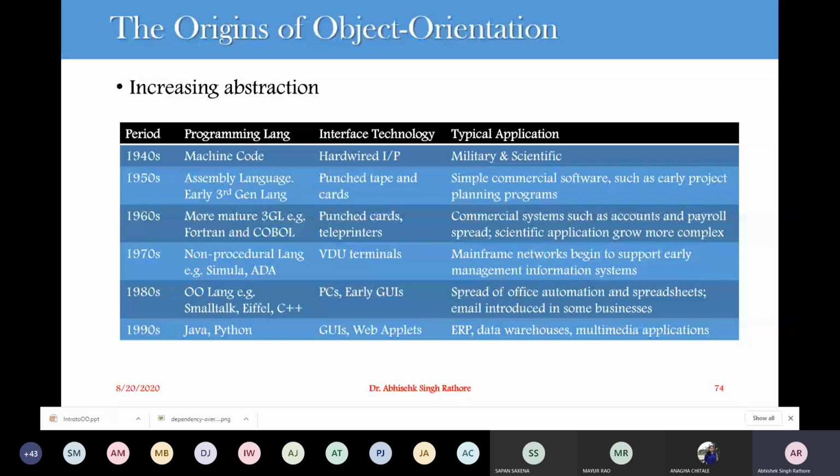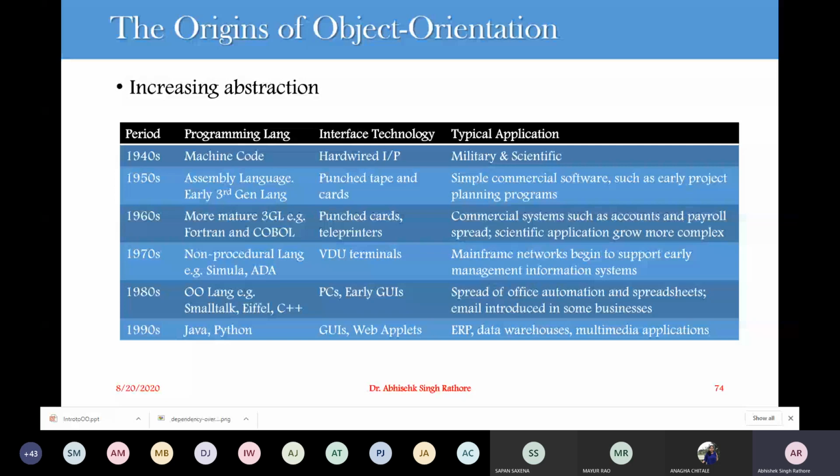In the 1940s, we only had hardware input with machine level languages, and we were stuck to military and scientific applications. Even though these were large scale applications, we were stuck to machine level code in the 1940s. When we move to the 1950s, we have the third generation of languages, and the interface technology available is only punched cards.